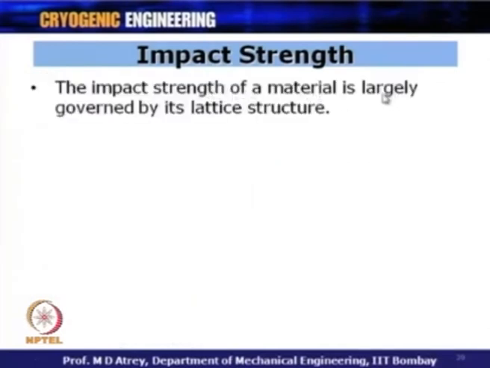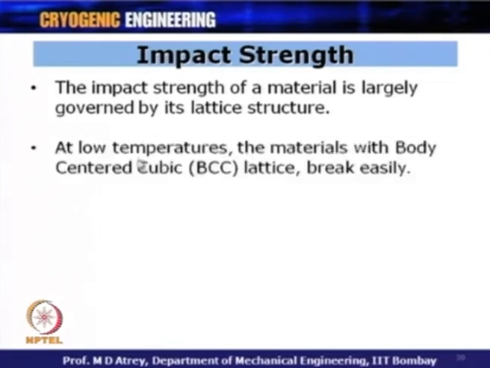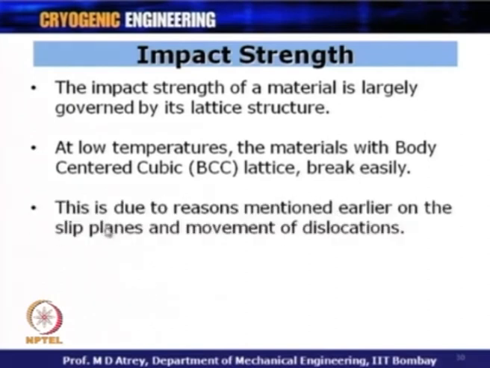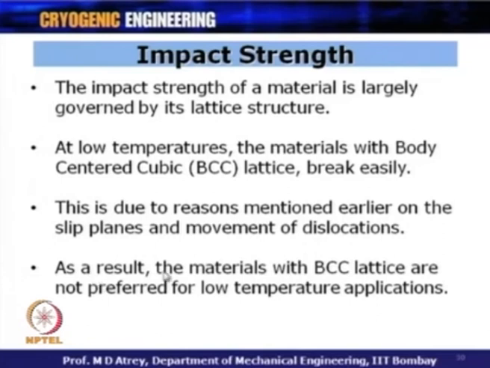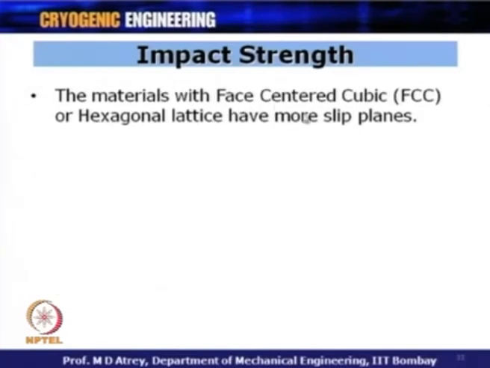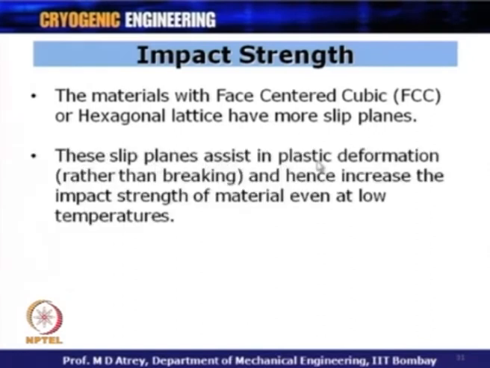The impact strength of a material is largely governed by its lattice structure. At low temperature, materials with body centered cubic lattice break easily. That means BCC, which has minimum slip planes, breaks easily because the dislocations cannot move in this case. This is due to the reasons mentioned earlier on the slip planes and movement of dislocations. As a result, materials with BCC lattice are not preferred for low temperature application. The materials with FCC or hexagonal lattice have more slip planes, and these slip planes assist in plastic deformation.